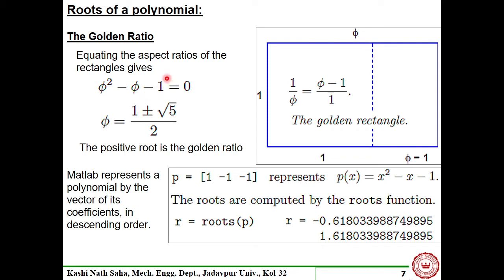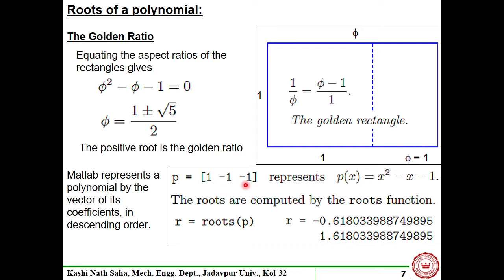Now a is minus 1, then bx, so b is minus 1, then cx square, c is 1, and phi is x. So this we can find out by giving these coefficients of the polynomial.